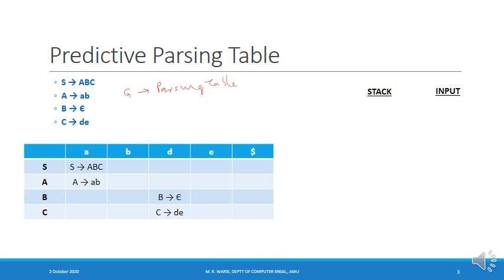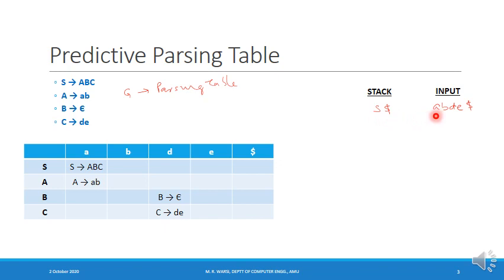This grammar accepts the string abde, and I place this string in the input buffer. At the end of the buffer, I place the dollar sign. In the parsing, I will also make use of a stack, and at the bottom of the stack I place dollar, and I start by placing the starting symbol into the stack, which is capital S. The topmost stack alphabet is capital S. The next input symbol is small a.